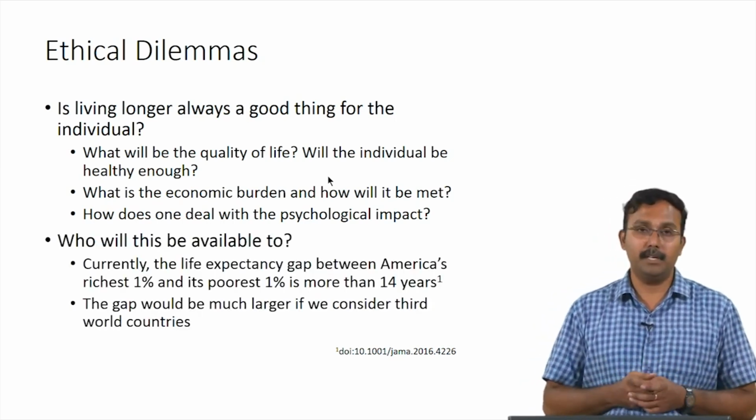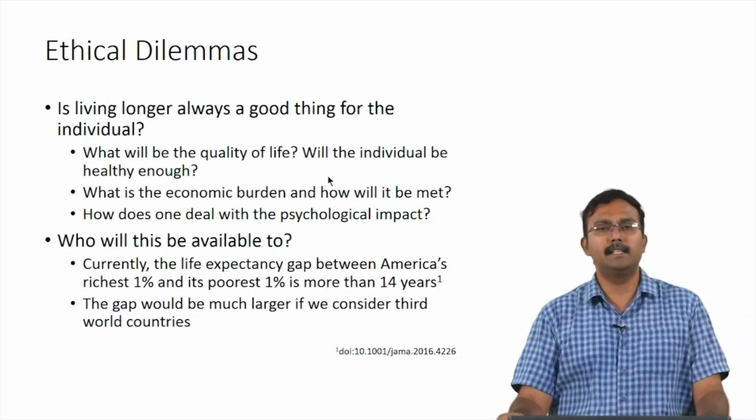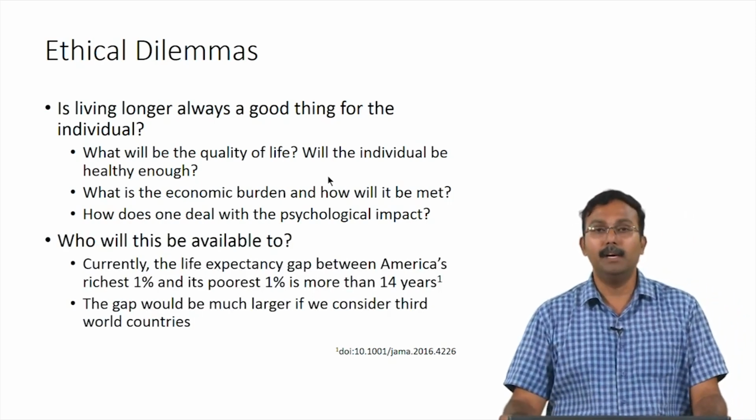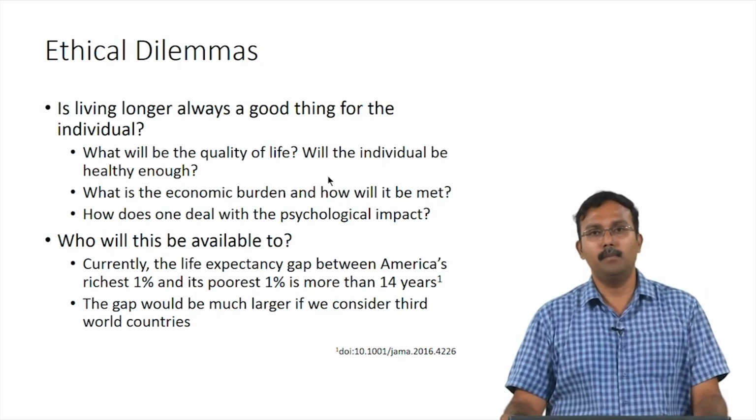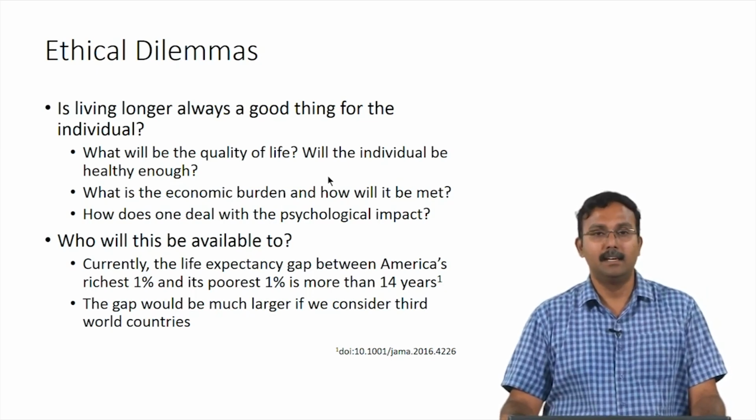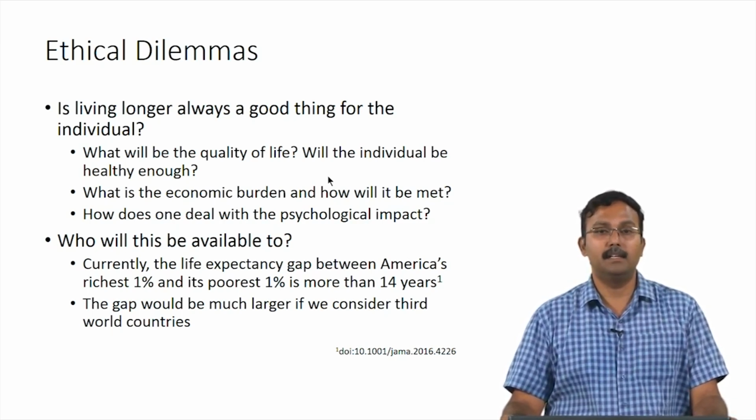Next important question is, who will these facilities be available to? Will it be available to everybody, or is it going to be available only to the elites? Currently, the life expectancy gap between America's richest 1% and the poorest 1% is 14 years. It is actually slightly more than 14 years.